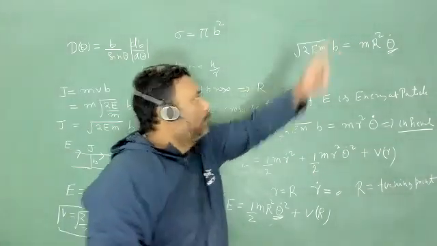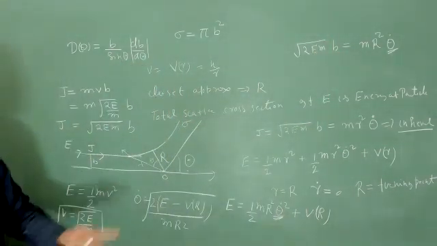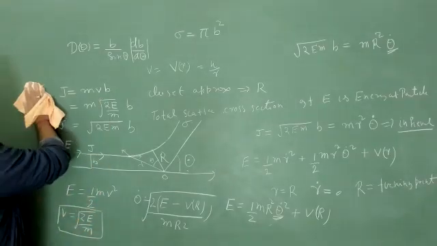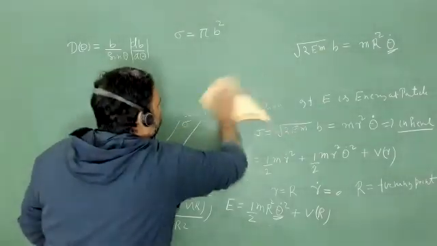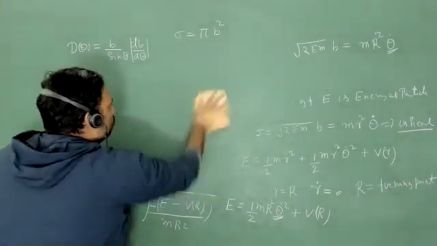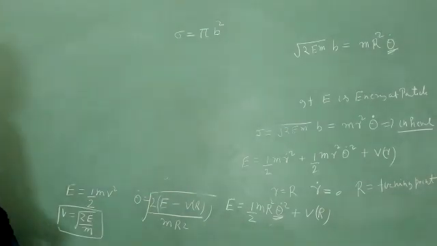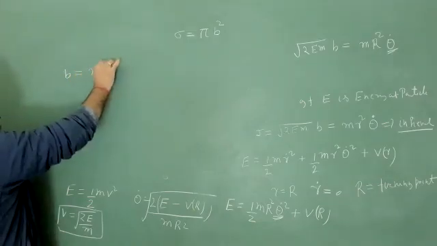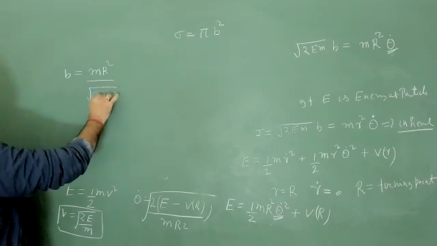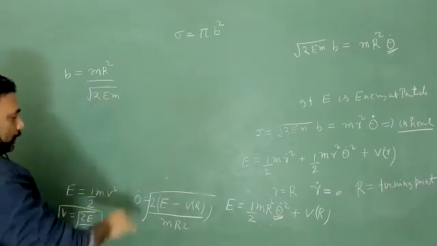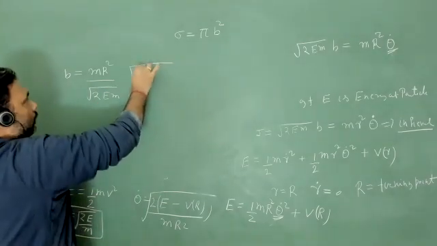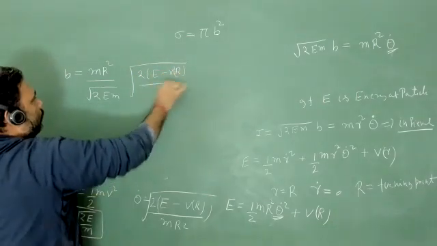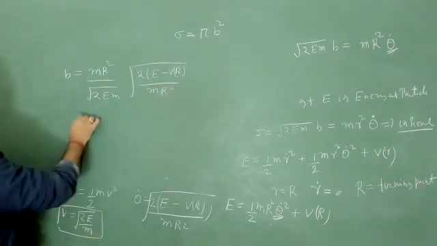I will get the value of B, the impact parameter, as a function of R. So what we have: B is equal to m r square upon root under 2Em, and theta dot is given by root under 2 times E minus V(R) upon m r square.